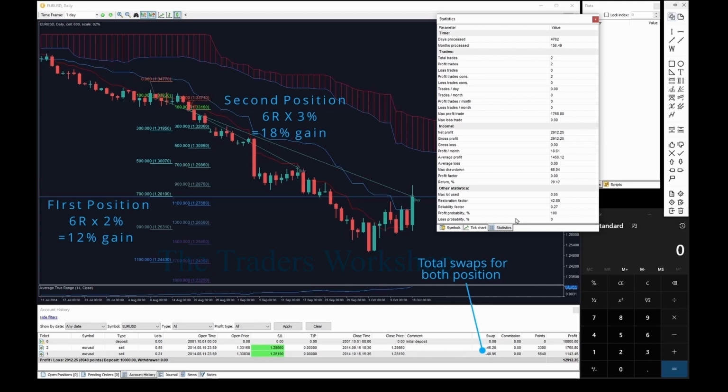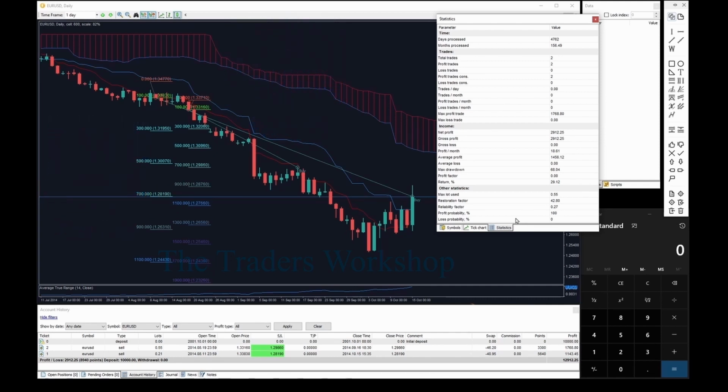The swaps for the first position are $40.95, and $46.20 for the second position. These swaps were automatically deducted from our profit. Technically, we should have a total profit gain of 30% for these trades, but because we're paying for the swaps and spread for these two trades, we have a total profit gain of $2,912.25.